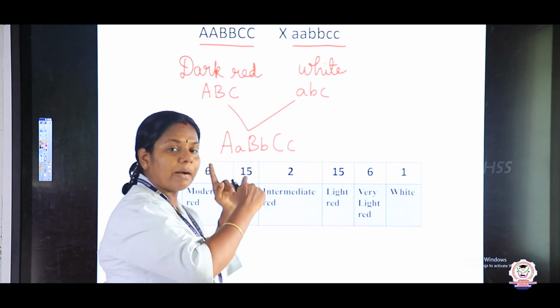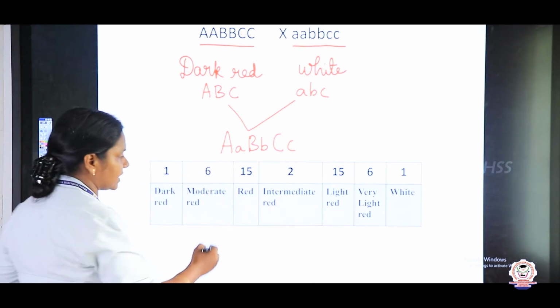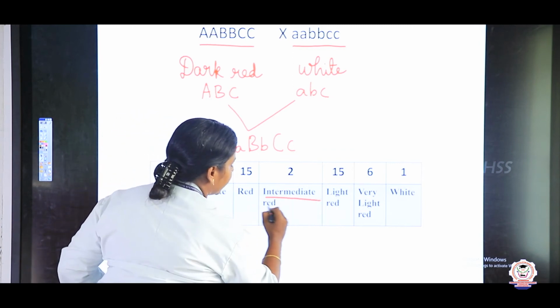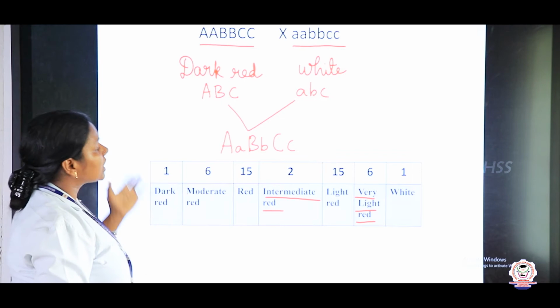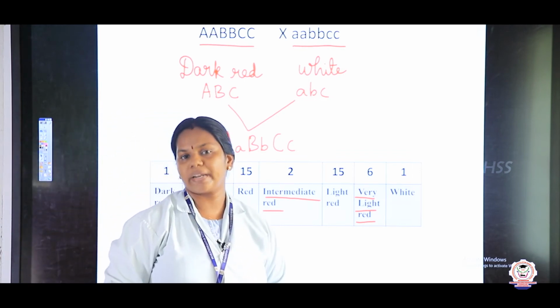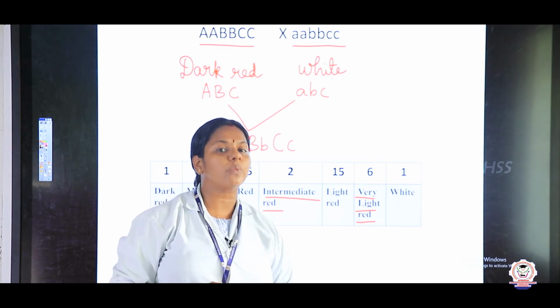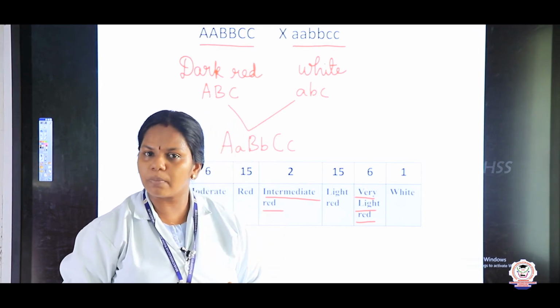So when compared to the two genes, the third gene is responsible for two more characters, that is the intermediate red and the very light red, right? So this is the experiment done by Nilsson-Ehle with the white kernel, and he found out one thing, children. Here the blending did not take place. Why is there no blending?